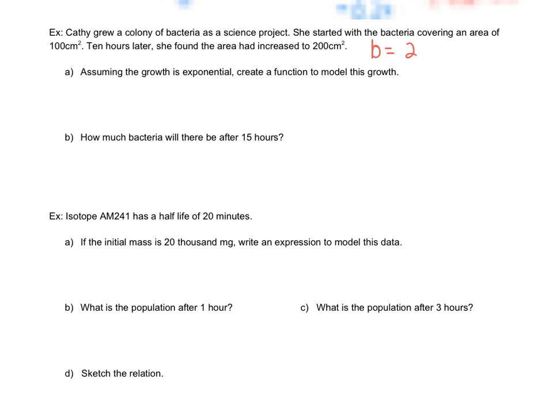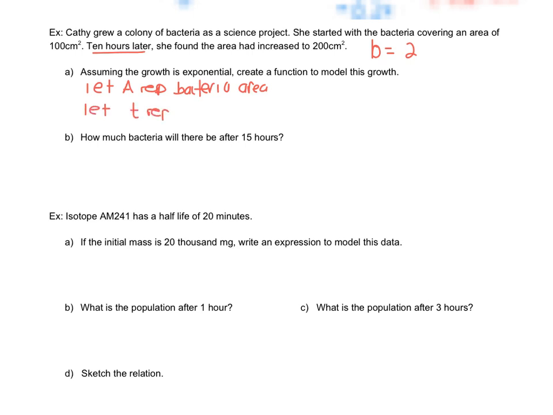So we have to start off with our let statements. Let A represent bacteria area. And then it was in hours, so maybe you can say let T represent number of hours or H, whatever you'd like.